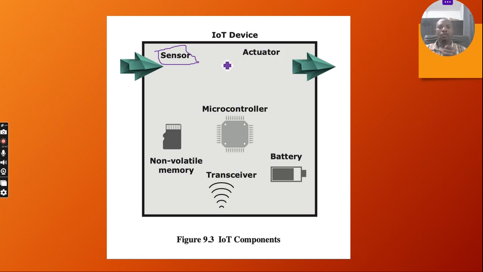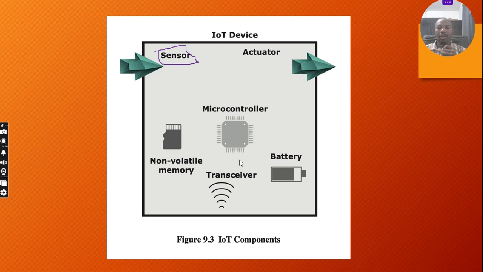So every Internet of Things device has a sensor and an actuator in it. They have memory, that is, storage. They have a microcontroller in them for programming. They have a battery, and they have a transceiver, an antenna, something to transmit and receive communication. Remember, I said they communicate with one another, so they must have a transceiver to transmit and receive information or data.